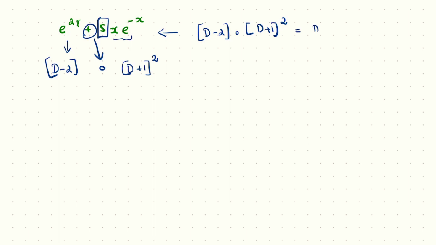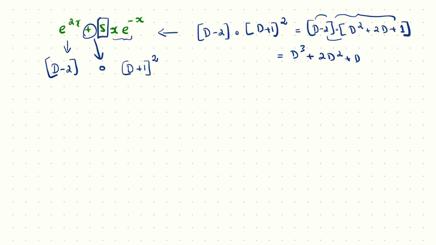So if you do this, it's going to be (D minus 2) of (D squared plus 2D plus 1), whatever you want to call it. I'm just writing it this way so you know what I'm doing. So this is going to be D cubed plus 2D squared plus D. When I operate this with respect to that, that's going to give me minus 2D squared minus 4D minus 2, which adds into D cubed plus 2D squared, and these two get cancelled.